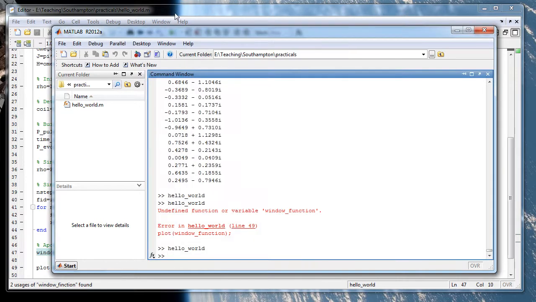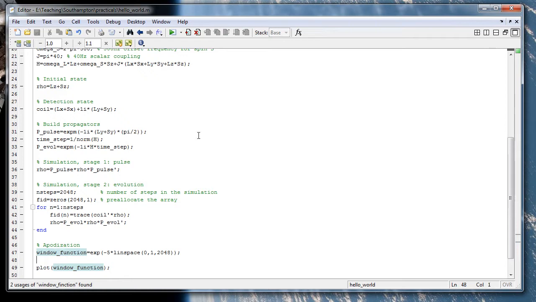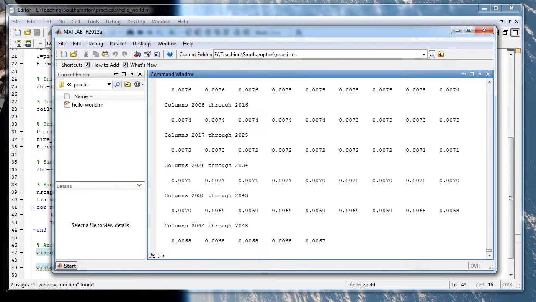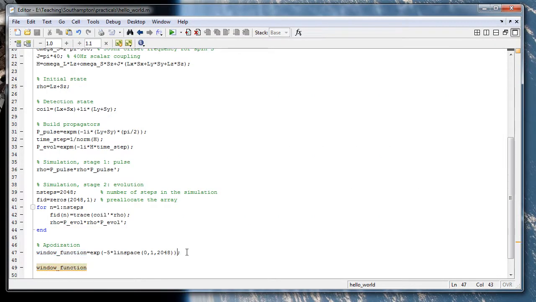You have to be careful with linspace, however, because what this did is it produced not a column vector of numbers, but a row vector of numbers. So if we actually look at it, what MATLAB will print is a row. So we have to transpose it in order for it to match with the dimension of our FID.